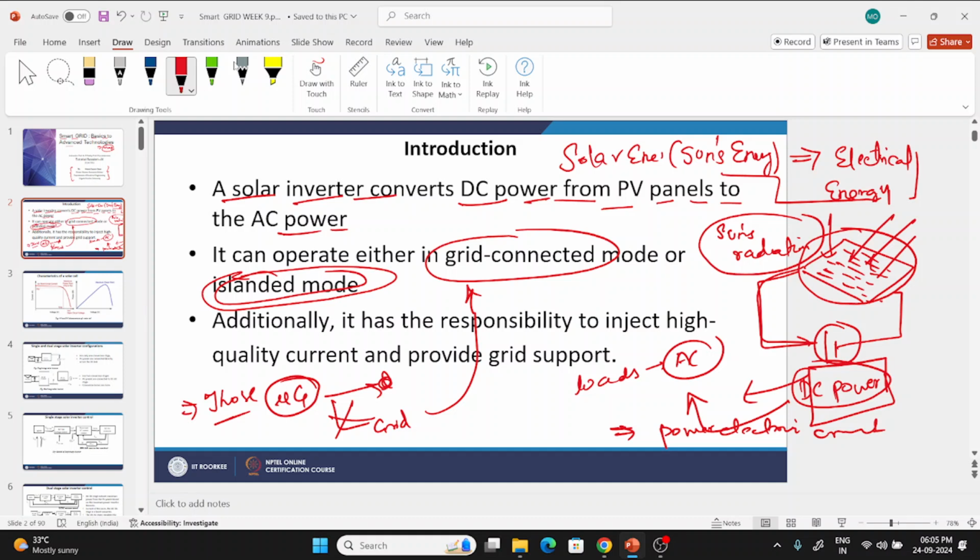Actually, one of the most important things about the solar inverter is that it has the responsibility to inject high quality current and provide grid support. How can it provide grid support?